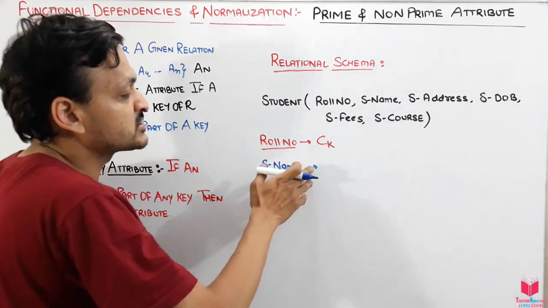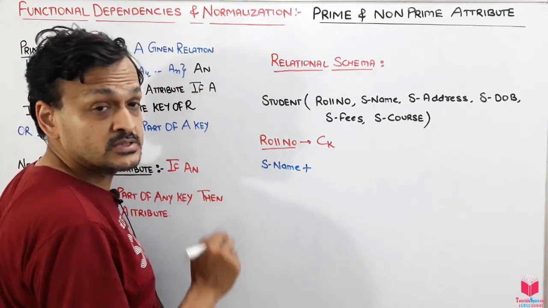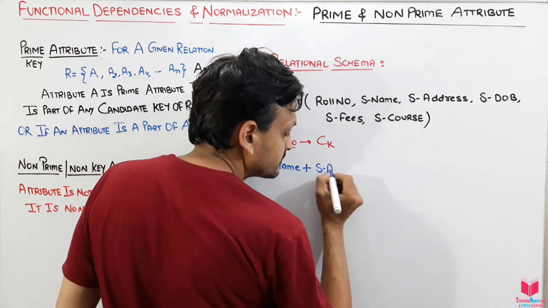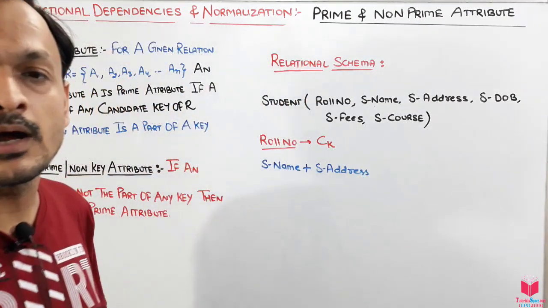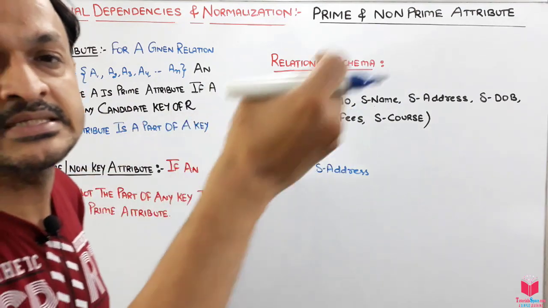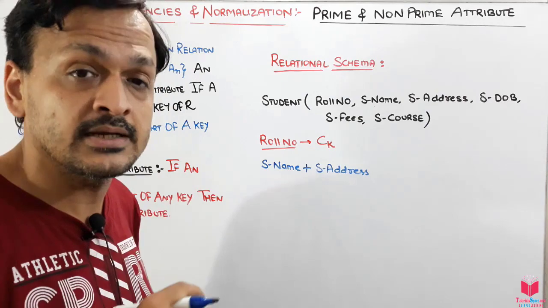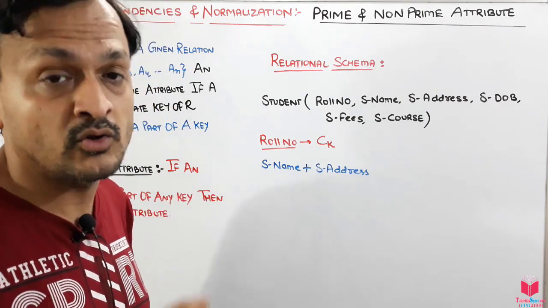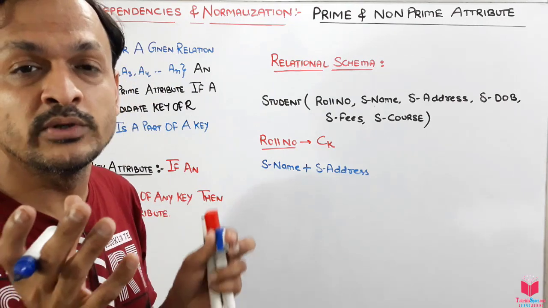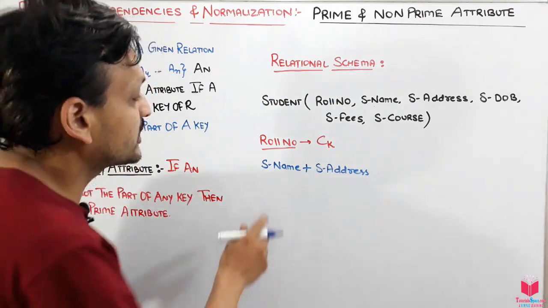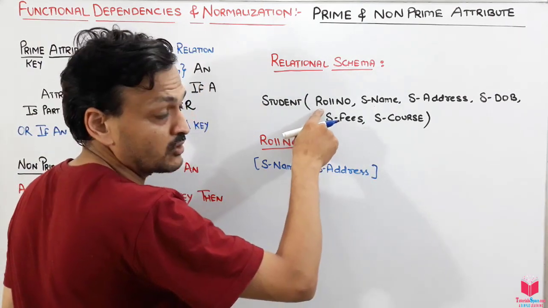But there is one possibility: if I use student name with student address. If I say Sean from this address, then yes, there is only one, because there is a low possibility that two students with the same name have the same address. So from this combination I can identify that I am talking about this roll number.